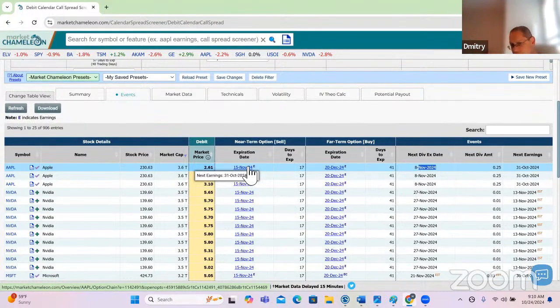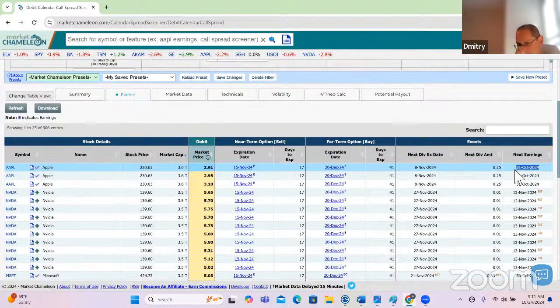Okay. So dividends are an important event in option pricing and in option strategies. Of course, the next one is an important event because you have earnings.